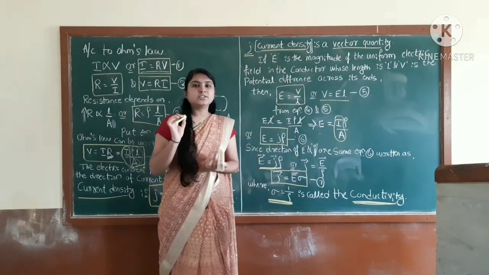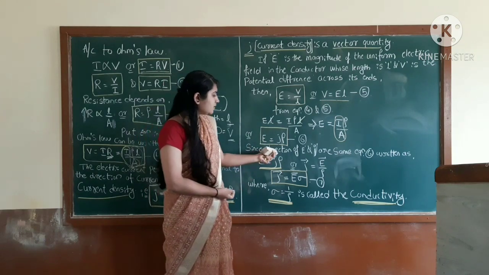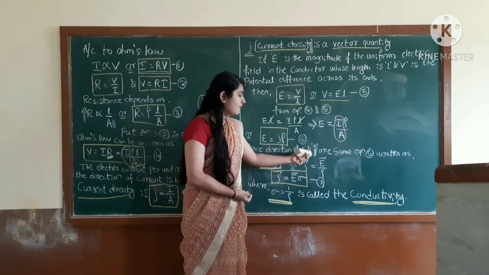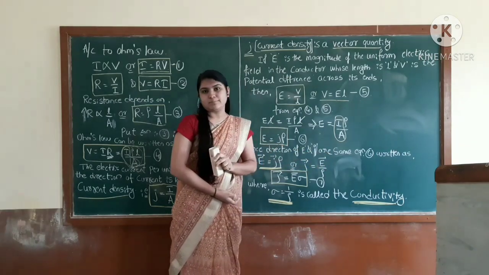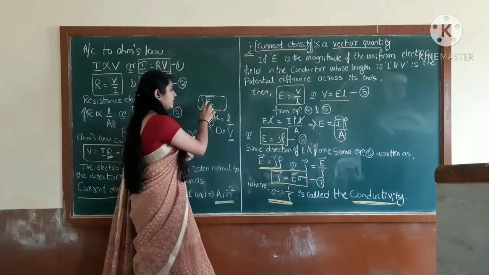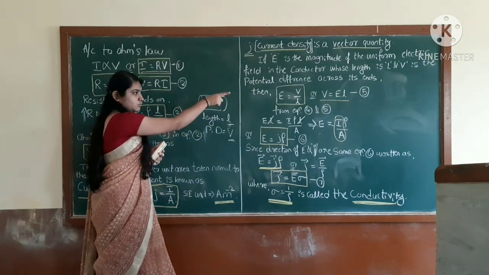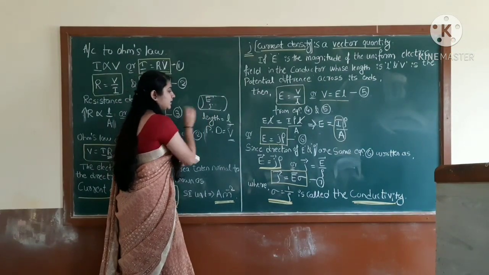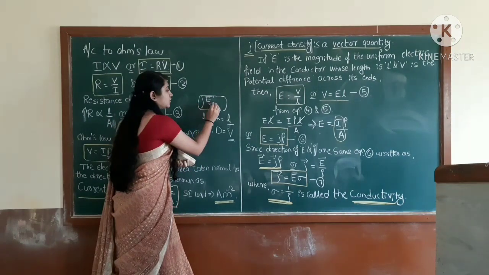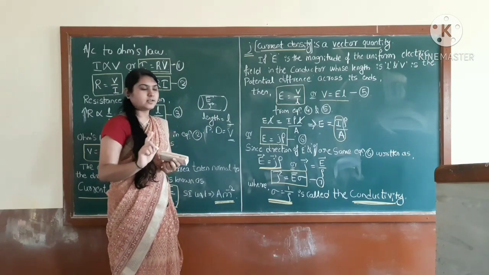So students, just assume here that the direction of the electric field and the current density are both the same. Just assume in this conductor the electric field direction is through this side, and the current density is also present here, having the same direction, in the conductor.